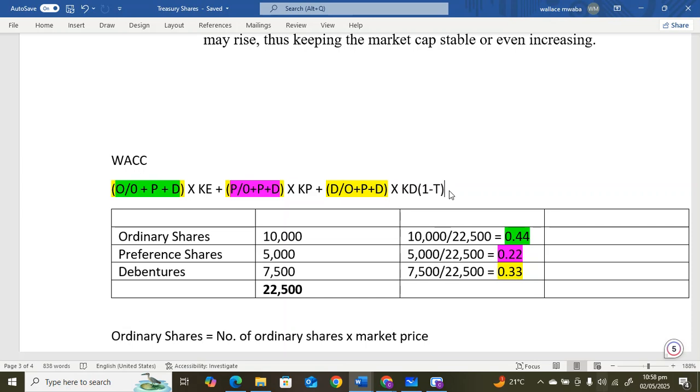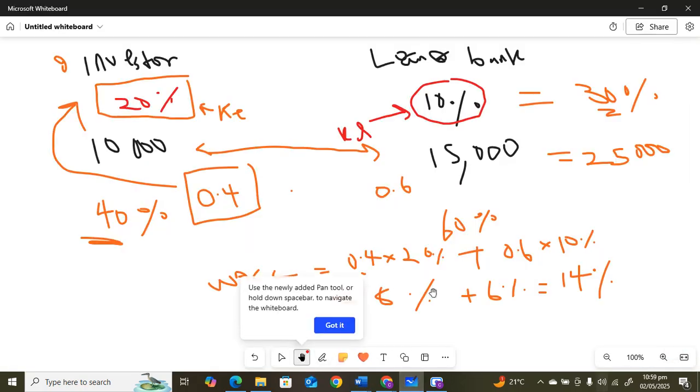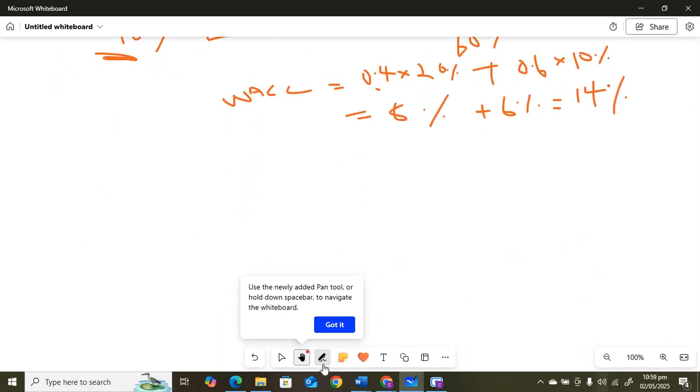Okay, so we can start with first getting the cost of equity. As I said, how you calculate is dependent on the information given in the question. There are two methods to get it: the capital asset pricing model, and the dividend valuation growth model.